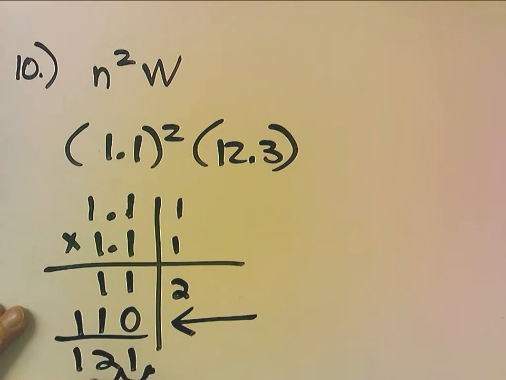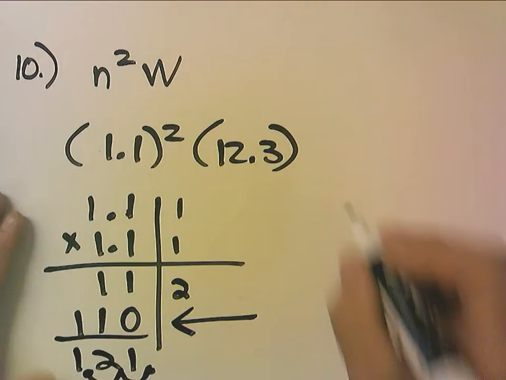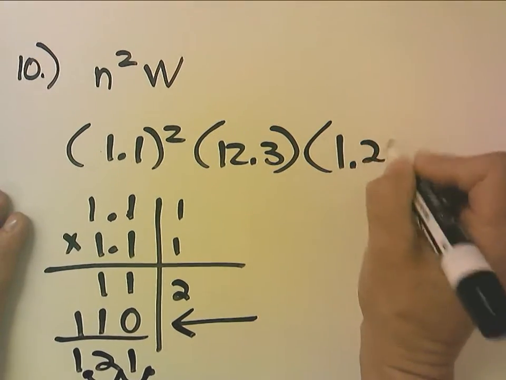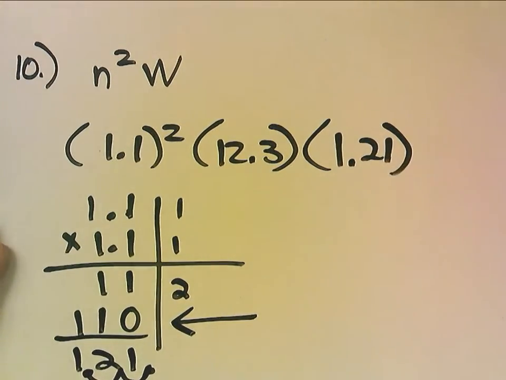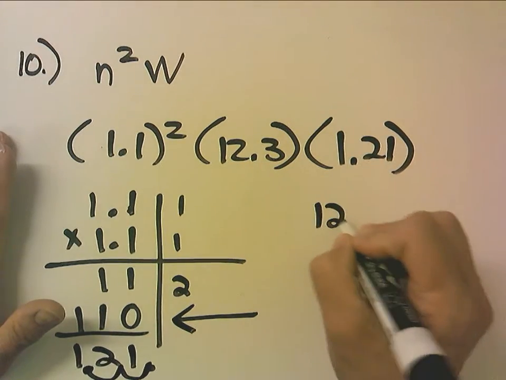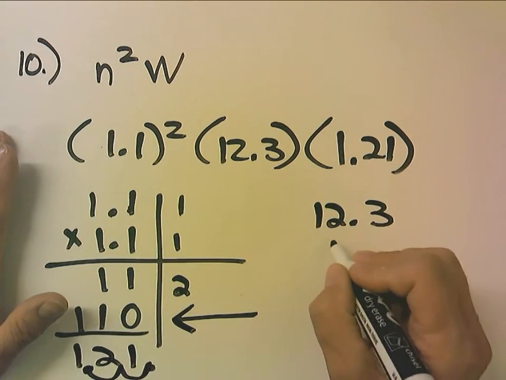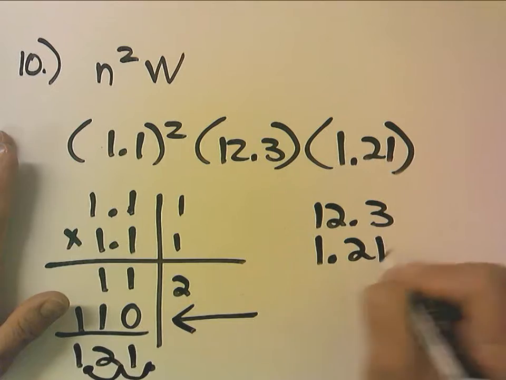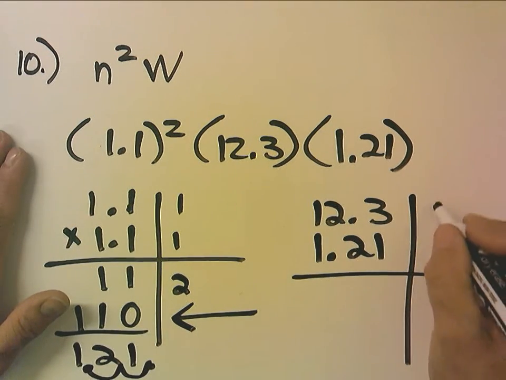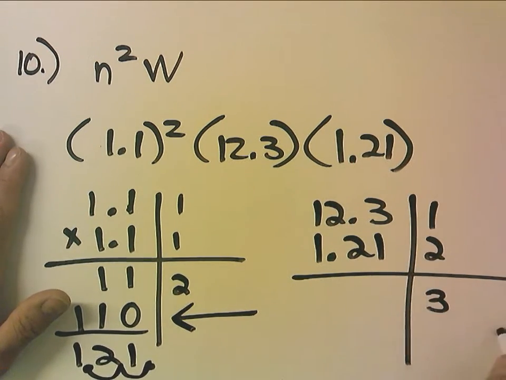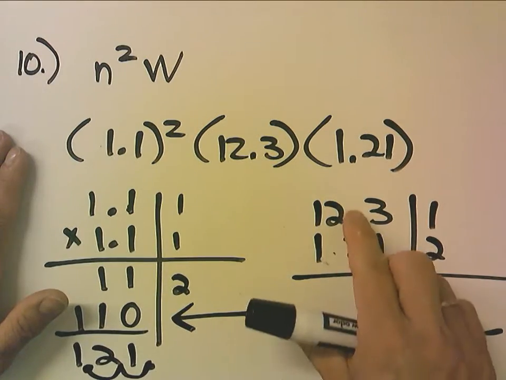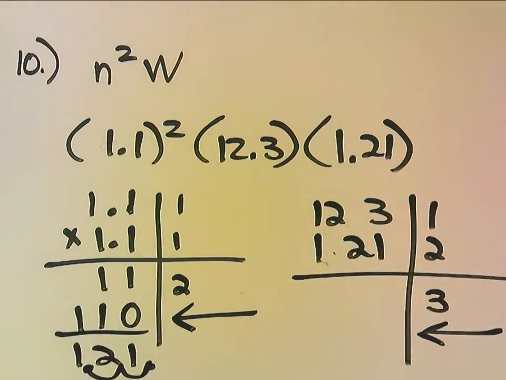I move it over 1, 2, and I get 1.21. So now I'm multiplying 12.3 times 1.21. Notice there's no reason to line up the decimal places, because I can even get rid of it. It's irrelevant once I've counted them.